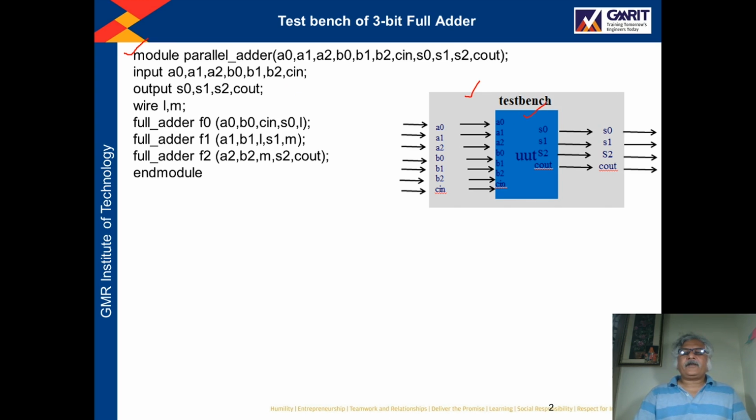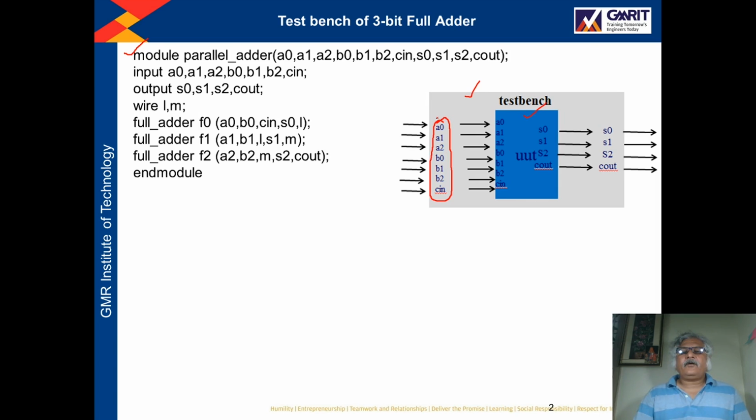Here the unit under test is the parallel 3-bit adder, and the ports of the test bench, the names I have selected are exactly the same as the names of the parallel adder, like A0, A1, A2, B0, B1, B2 and Cin.